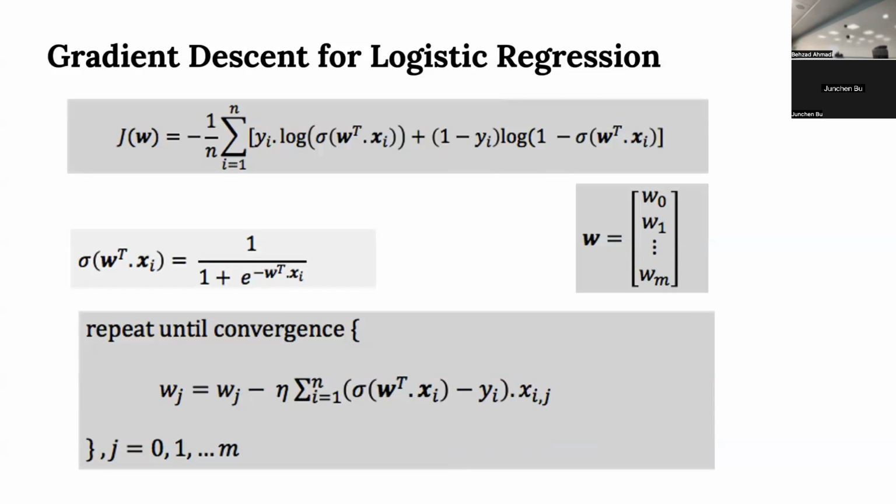You have W1, W2, W3, right? It's a multi-parameter thing, and this is the derivative of J with respect to Wi. Basically, you plug in all the things here. You take the derivative of this, which is slightly harder, with respect to Wi or Wj, and then you find the optimal.